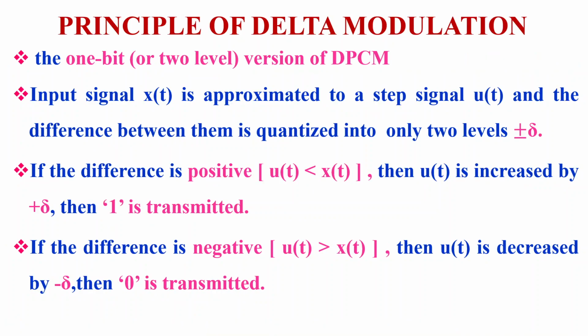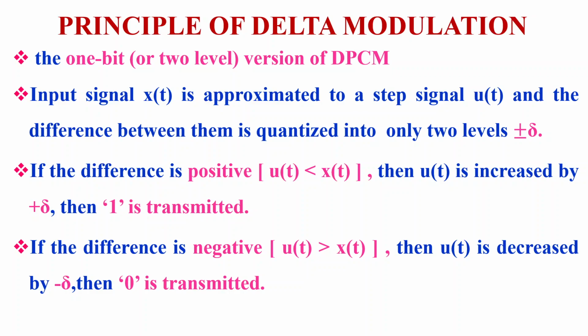So let us see the principle of delta modulation. Delta modulation is a one-bit or two-level version of differential pulse code modulation. Either a digital bit 1 or 0 will be used for transmission. With 1 bit we have two levels, that is 2 power 1 is equal to 2.